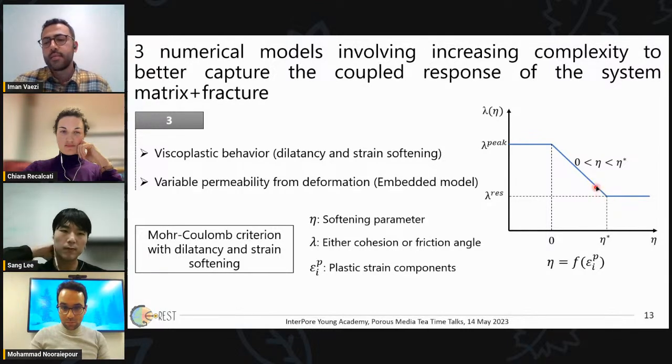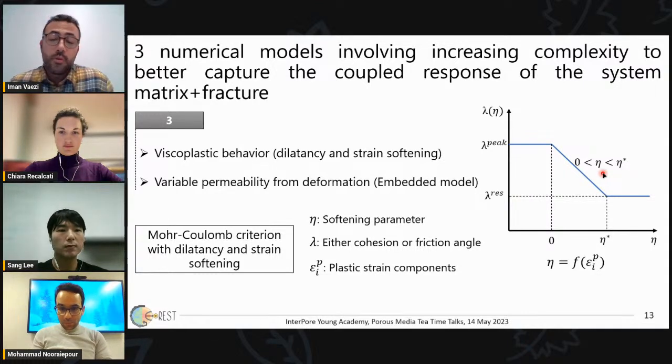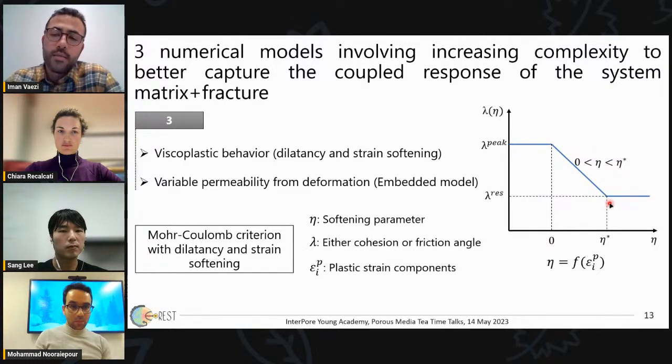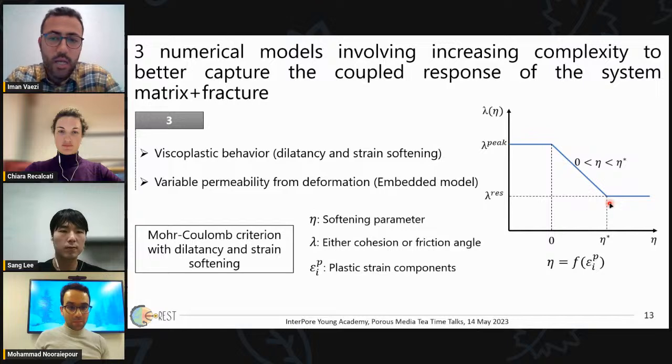Based on the softening parameters, it can start from 23 degrees until 20 degrees, depending on when a slip starts and we have plastic strain, because eta is a function of plastic strain. So when plastic strain starts to accumulate, it decreases linearly from 23 until 20. This is the mechanism of the softening parameter. I don't know if I can answer your question or not.